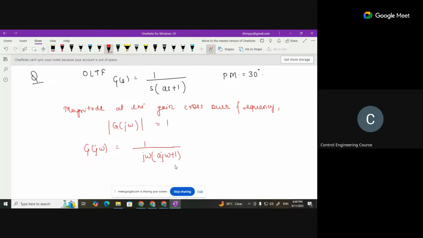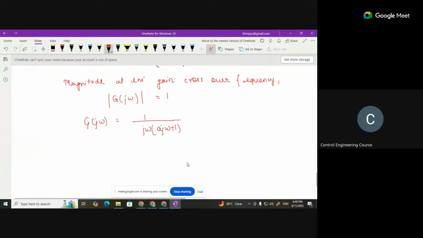So if you find its magnitude, how much does it come out to be? 1 upon omega times root over 1 plus A square omega square, right? And this is equal to 1.